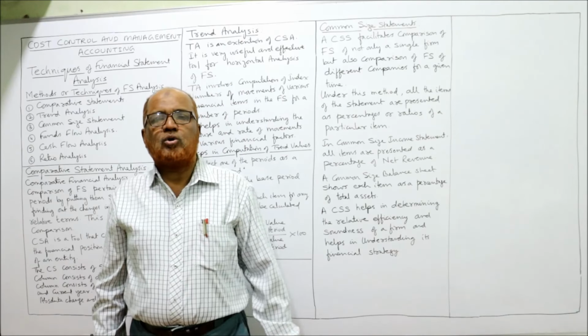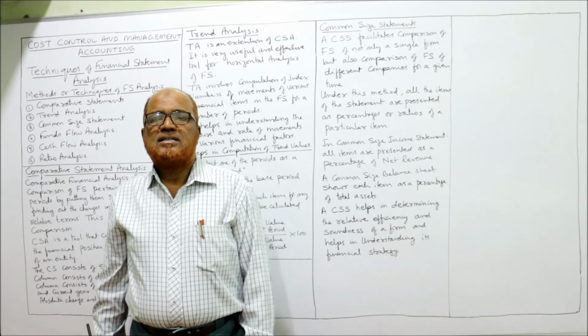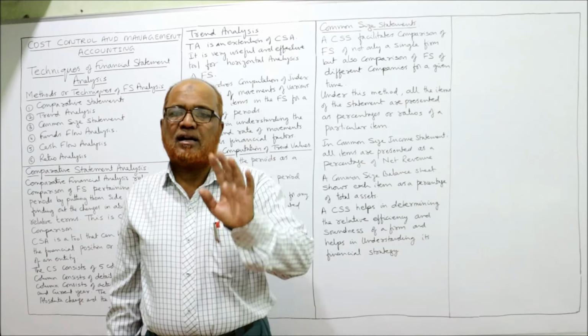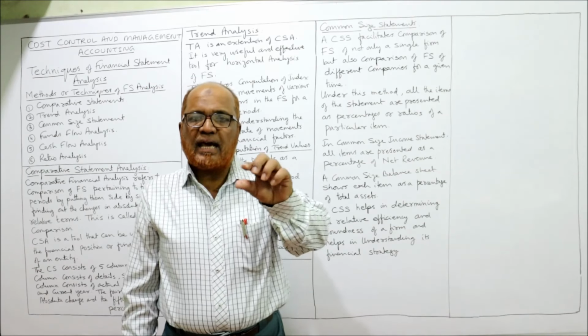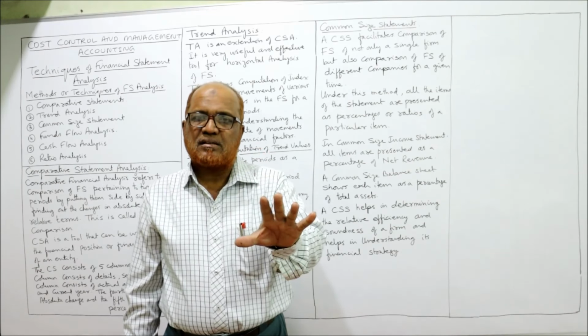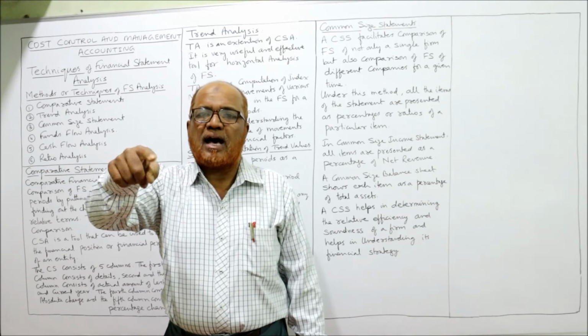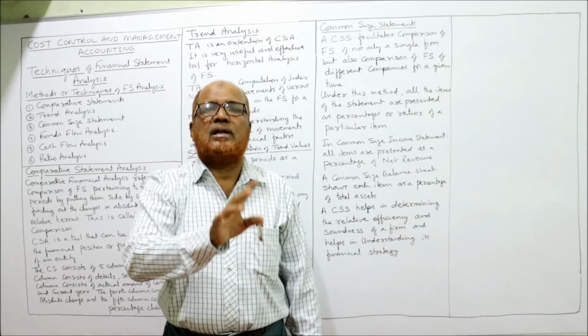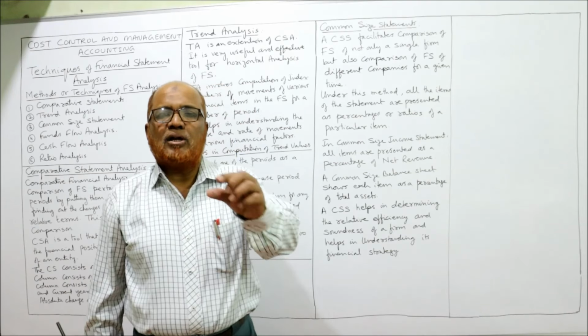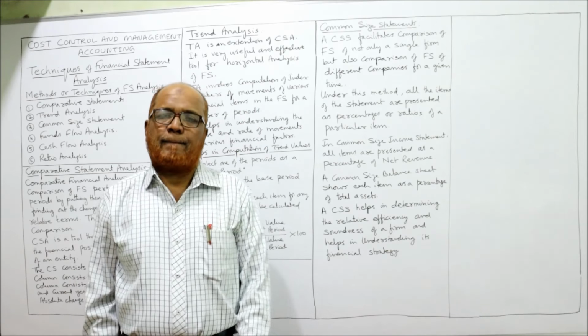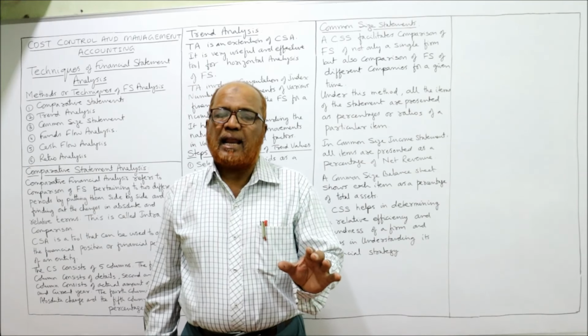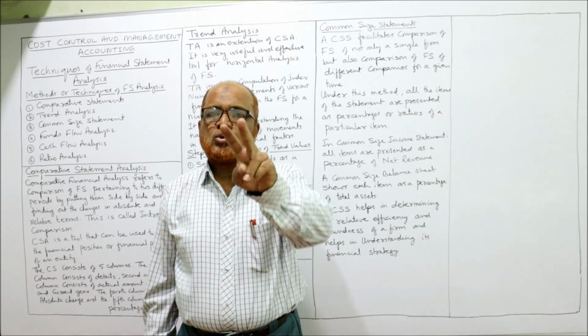In balance sheet, how to make the common size? Take the total assets as 100%. Total assets will be taken as base 100%. Express all other items as a percentage of total assets. Example, the total assets are 10 lakh. Inventory is 2 lakh.